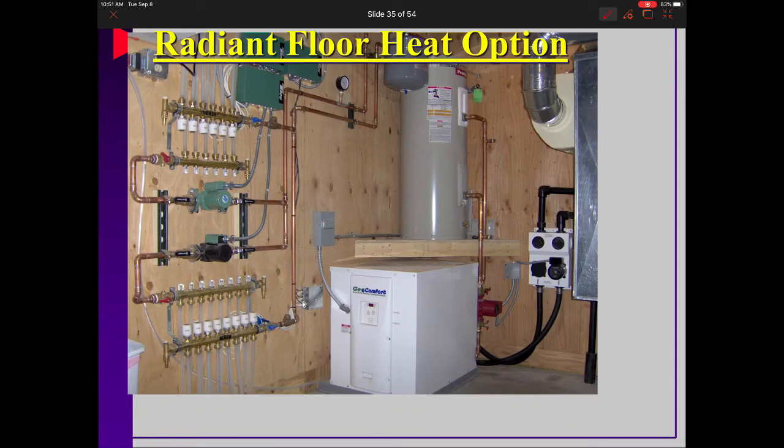This one is showing radiant floor heat on a water-to-water unit. This GeoComfort unit that we're looking at is a water-to-water unit that has a de-superheater loop, and you can see they're running a flow center over here. They're providing a water heater in this application. They also happen to have all of this in-floor heating.